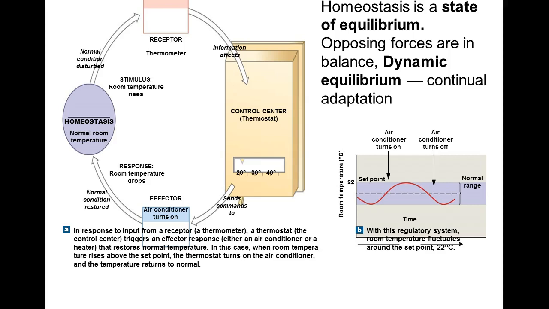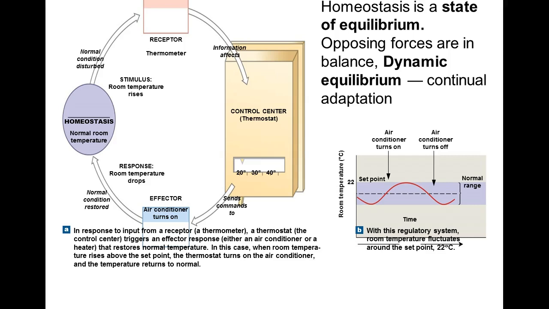Now, the way this is regulated is the thermostat will get information. So the control center gets information from the environment. You as your brain get information via the body, and that information is processed in the brain, and then a directive is sent out to the appropriate system or part of the body that can do something about it.